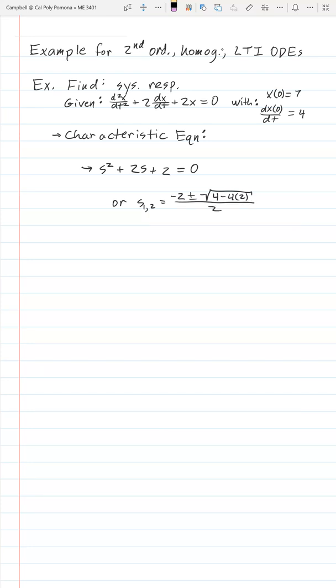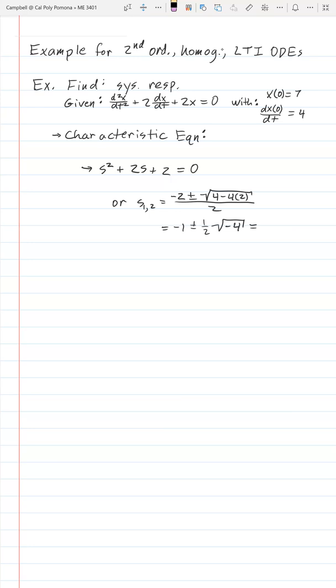And so we can see pretty quickly that we end up with -1 plus minus 1/2 times, so we get a 4 minus an 8, well, that's a -4. So we get the square root of -4. But of course, we can factor out the negative sign and get a j, and then the square root of 4 is just 2. 2 divided by 2 is just 1.